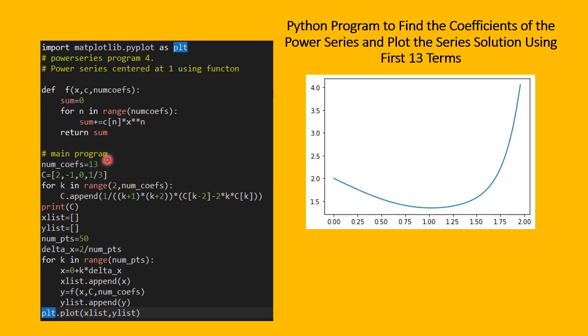So let's see what's going on. Perhaps we should start in the main program. First of all, the number of coefficients that I want to use is 13. And I'll start off by letting C, the list of coefficients of the powers of x, be 2, minus 1, 0, and 1/3. Let's remember that we're looking for a solution y of x such that y of 0 is 2, y prime of 0 is minus 1.